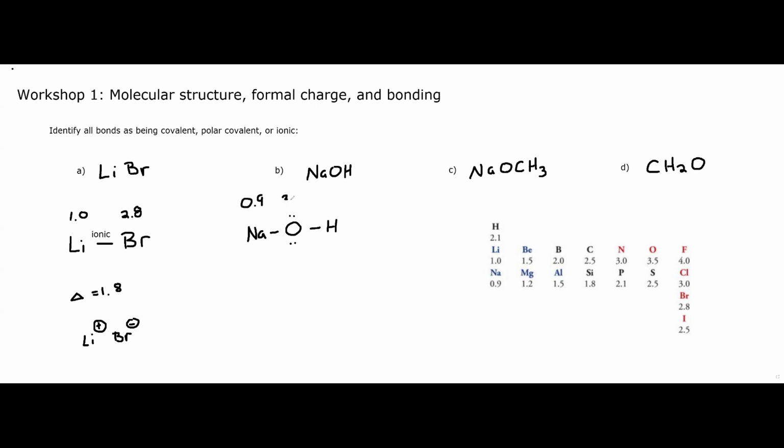For oxygen, 3.5. And for hydrogen, 2.1. Okay, so those are the three electronegativities we have, 0.9, 3.5, and 2.1. So between the sodium and the oxygen, what's the difference here?